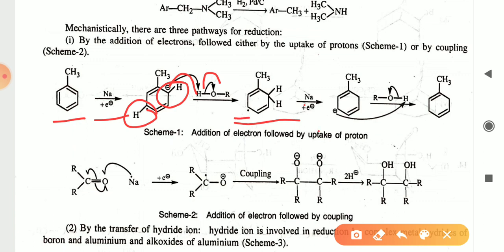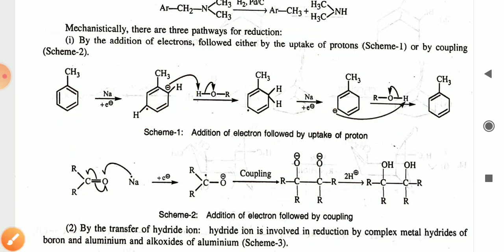Now again in presence of sodium, one more electron is added in presence of ROH, and on this position a hydrogen atom is attached. So the final product is a two double bond cyclic ring. The double bond was reduced by the addition of hydrogen.